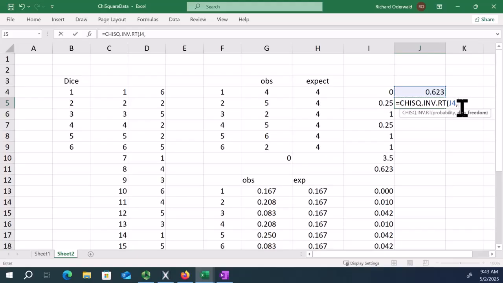Number of degrees of freedom is 5. And I've recovered the chi-square statistic. So you can do it using the functions, but if you want to know the actual chi-square statistic, you have to go backwards from your result.